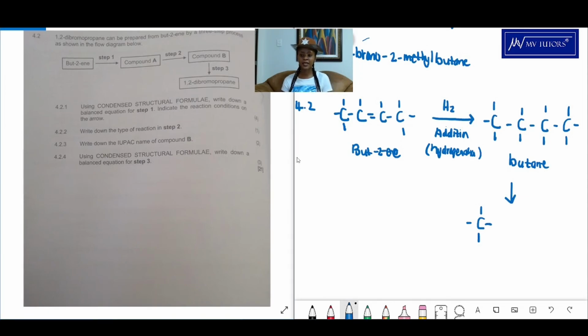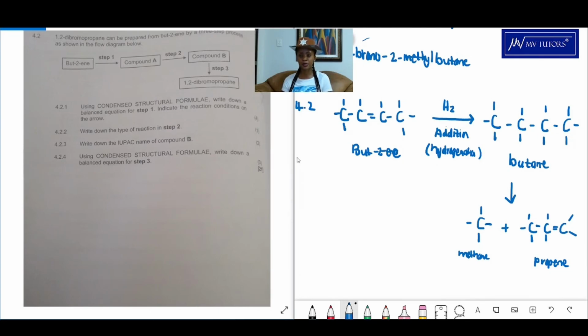So I'll have an alkane, which is methane, and then I will have propene. The nice thing about propene, you can either have the double bond this side or that side, doesn't matter. So I have with me here propene. Basically, it underwent cracking.